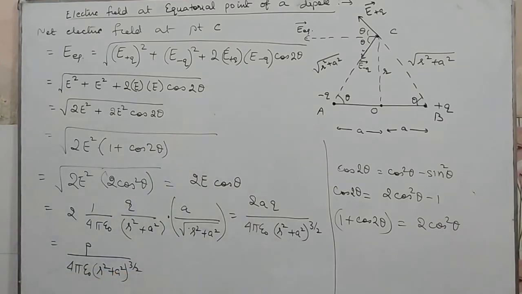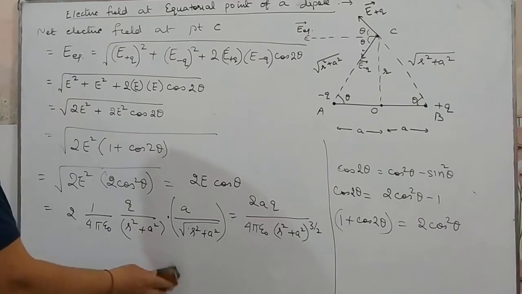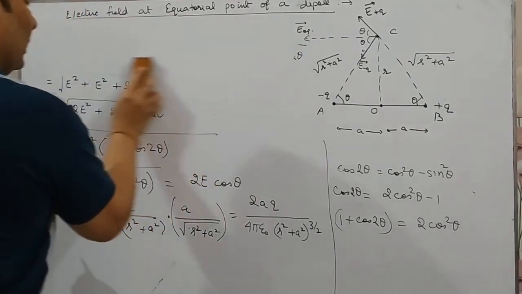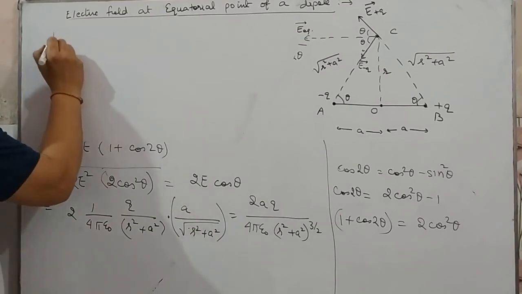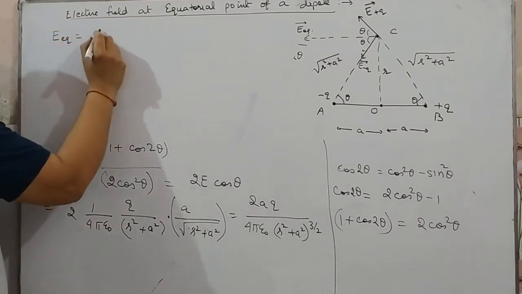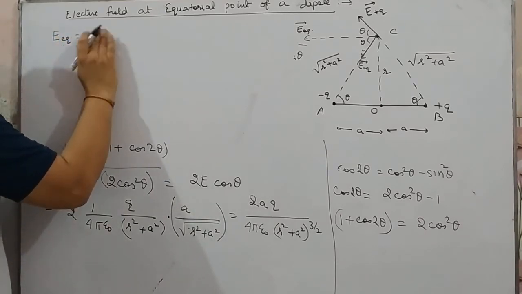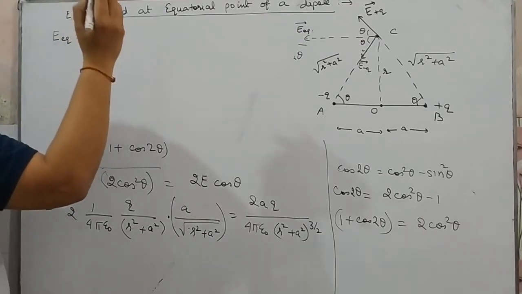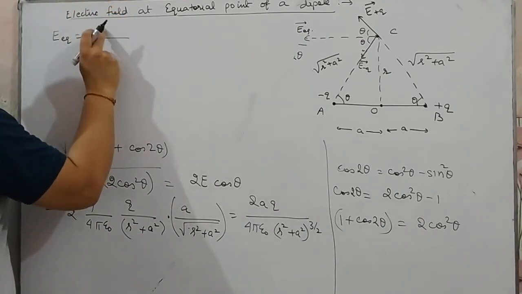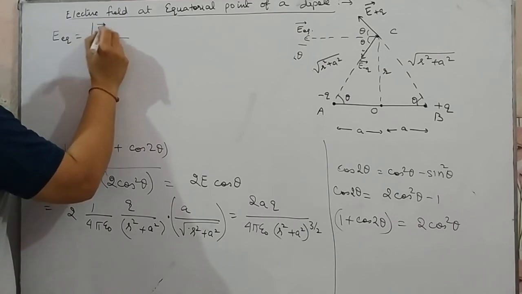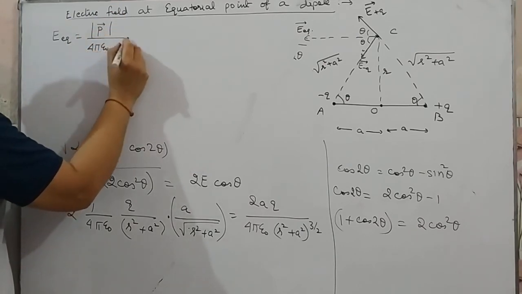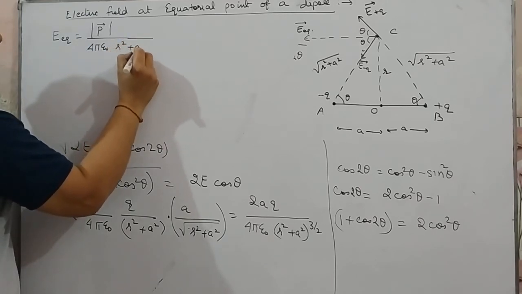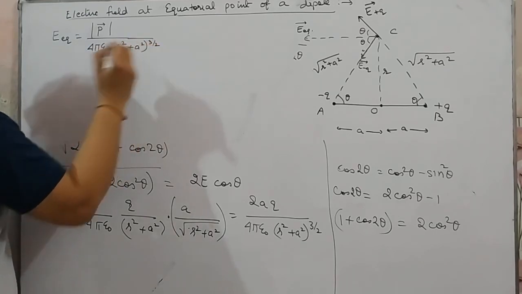If you are not comfortable here, we can write the net electric field result: E equatorial is equal to the magnitude of the dipole moment P divided by 4 pi epsilon naught times R squared plus A squared power 3 by 2.